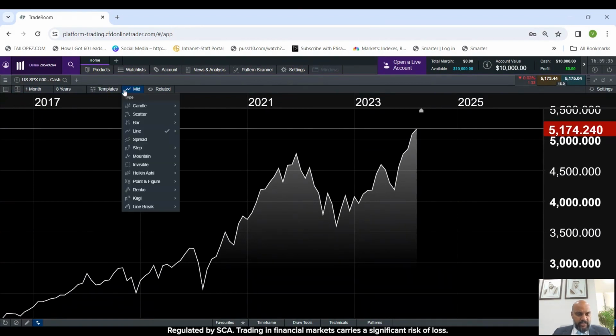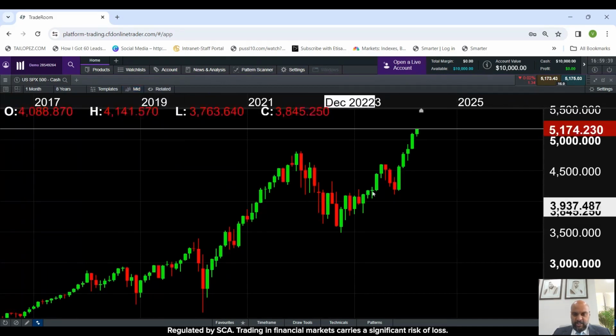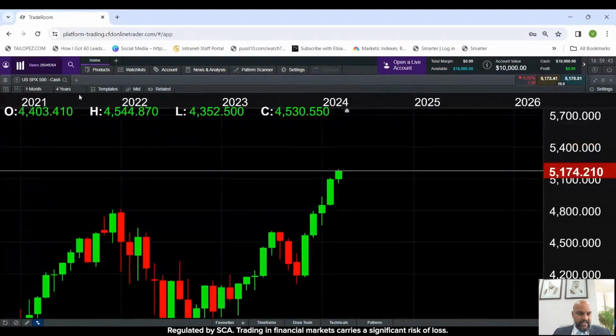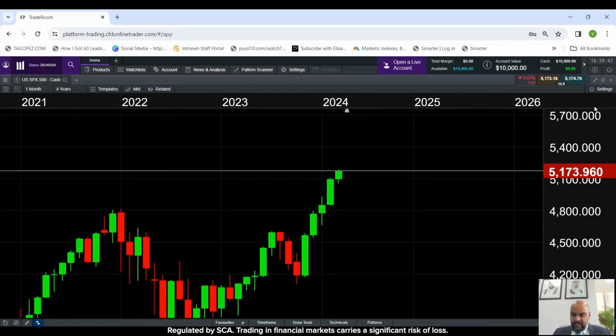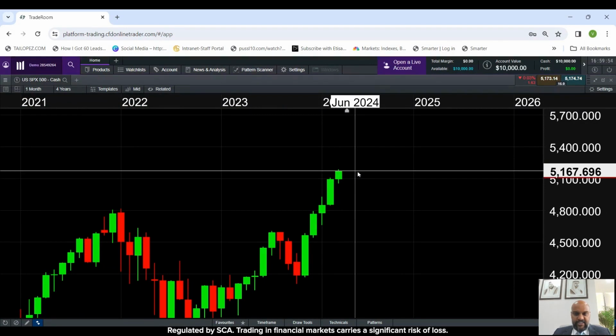Coming to charts, this is how a candlestick chart looks. Like I mentioned, each of these candles represents the time frame. So this month, the price has opened at roughly, let me put the crosshair, 5092 and is currently trading at 5167.